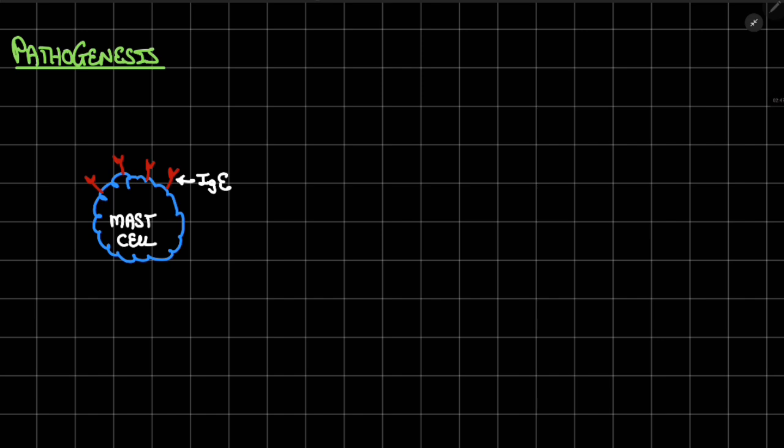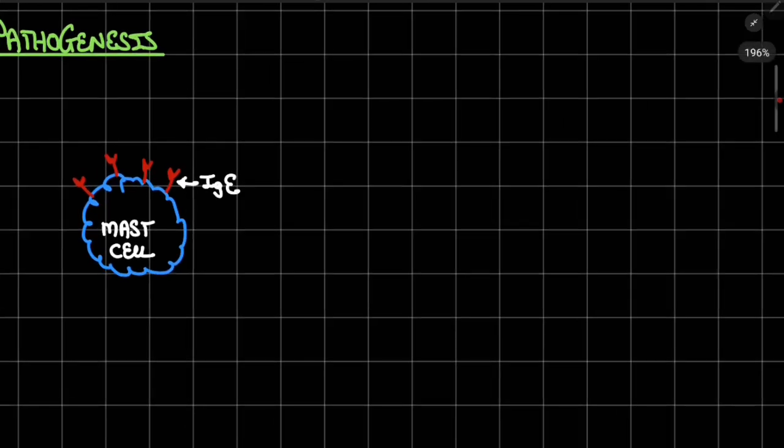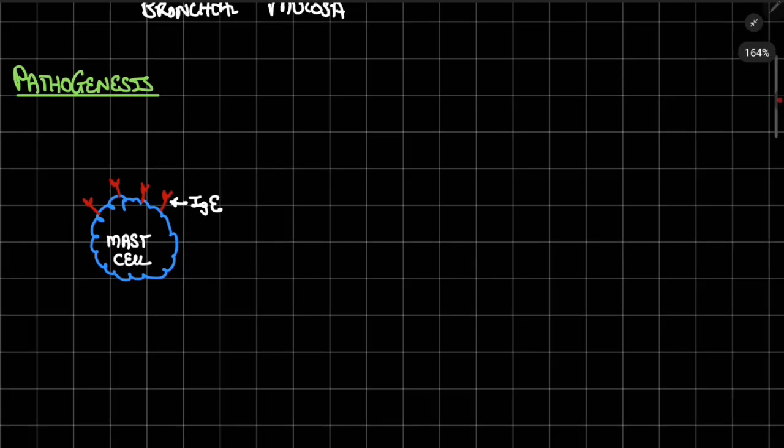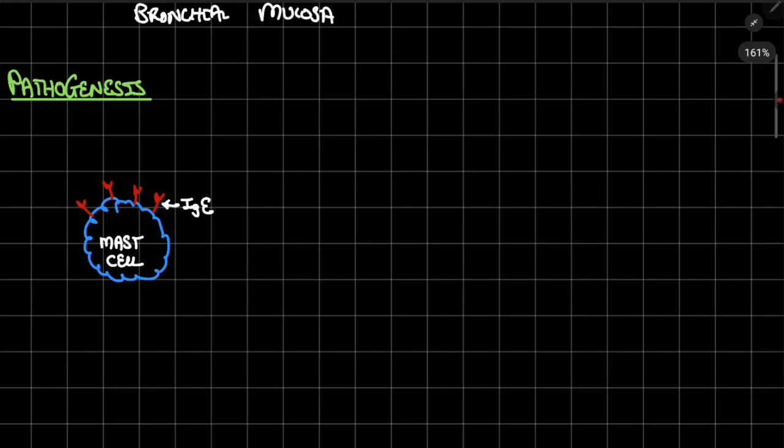These are present near the lungs in the bronchus. Now what happens is when there is introduction of pollens. Let me draw the pollens. The majority cause of bronchial asthma is a hypersensitivity reaction.